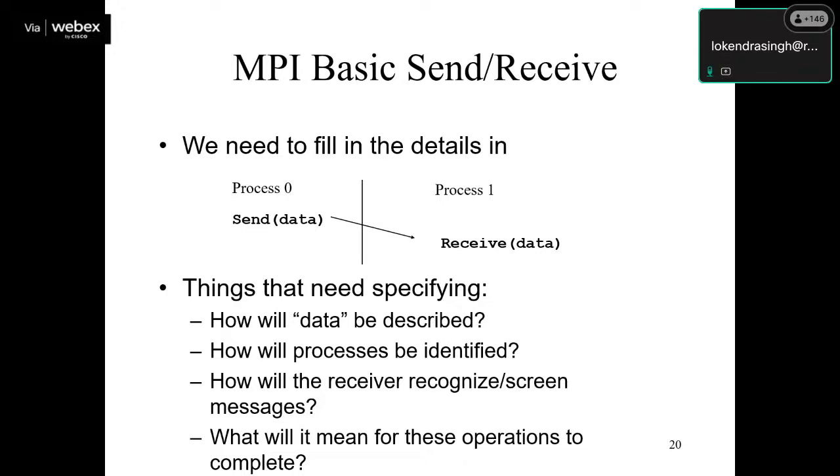Suppose process 0, the main thing is the synchronization. Process 0 finishes the job, then sends the data to process 1. Suppose there is a process 2 also.